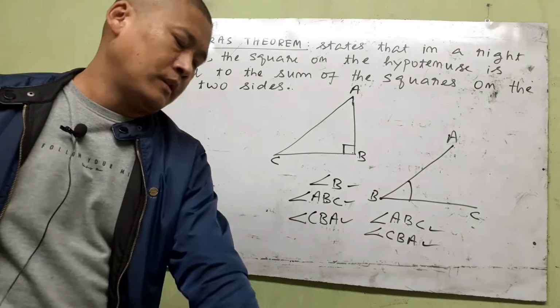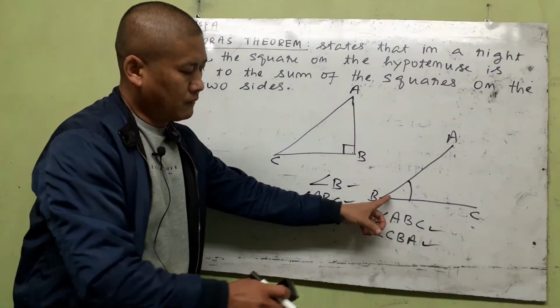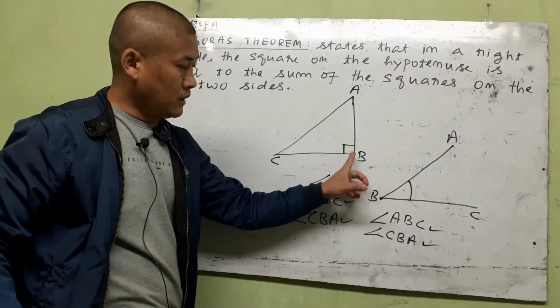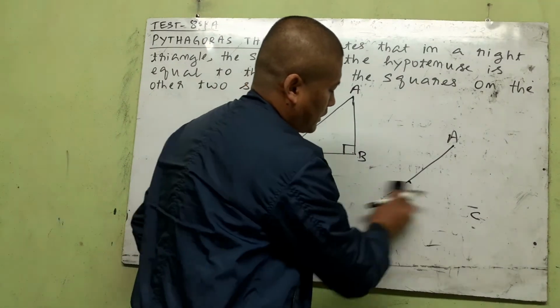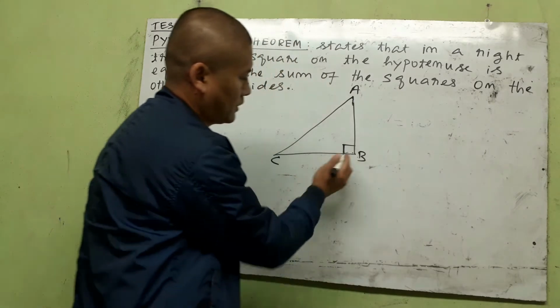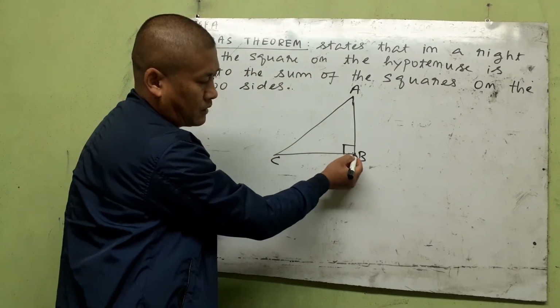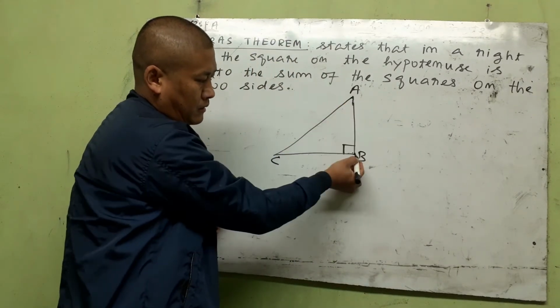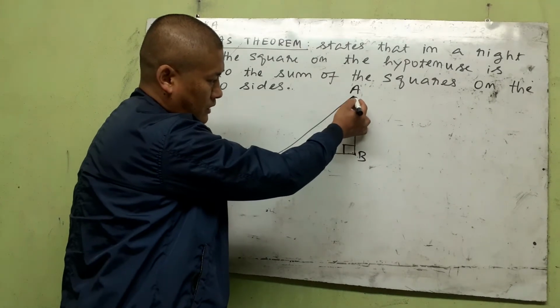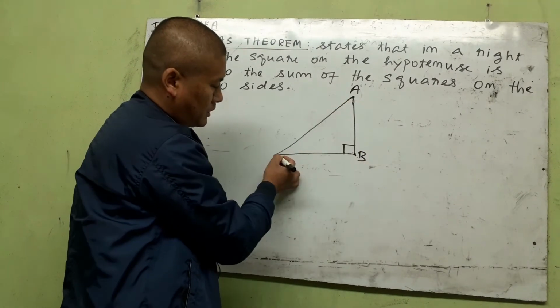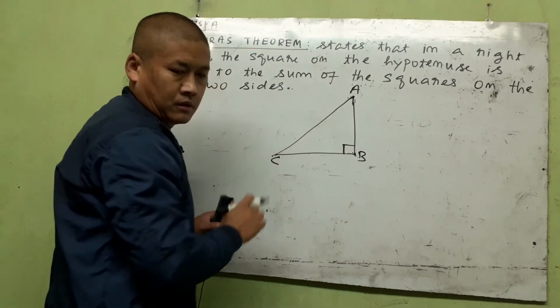Okay. Now, since just now we said every angle has two arms, this angle B, which is 90 degrees, has two arms. So let us find out what the two arms of this angle B are. They are BA and BC. Right. So the triangle has three sides: BA, BC, CA or AC.